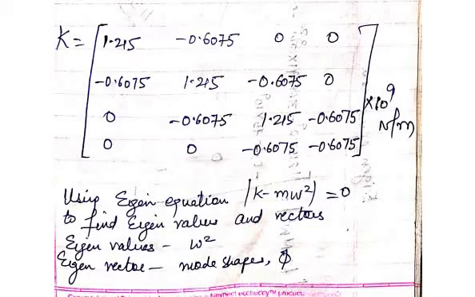Now we use these matrices in the eigen equation, that is K minus M omega square is equal to 0, to find eigenvalues and eigenvectors. Eigenvalues are omega square and eigenvectors are the mode shapes, phi.